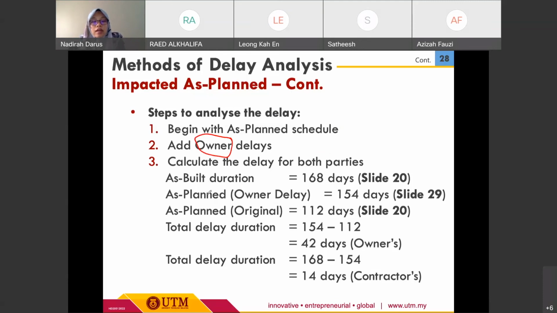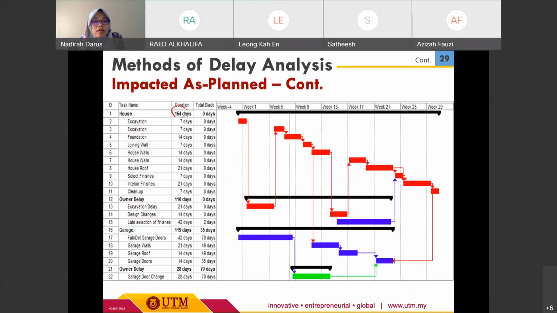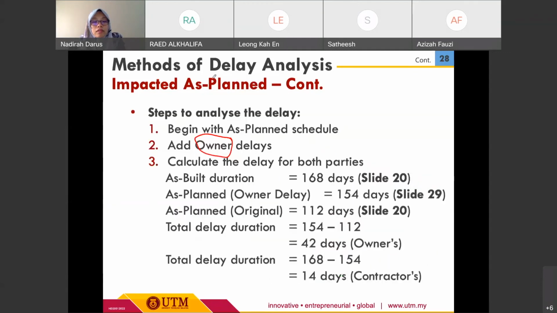This is just an example. You can see this is the delay caused by the owner, at 164 days, and then the as-planned original refers to the previous one, which is 20.